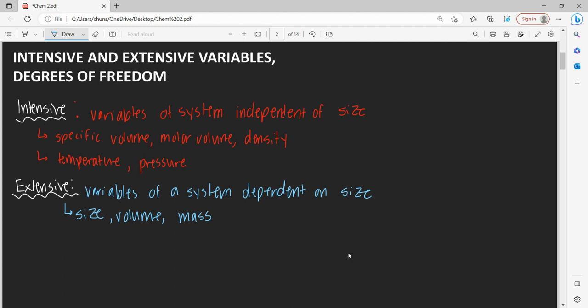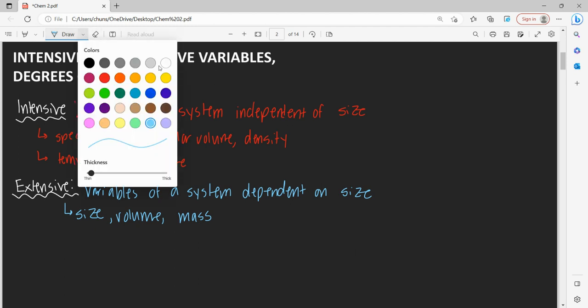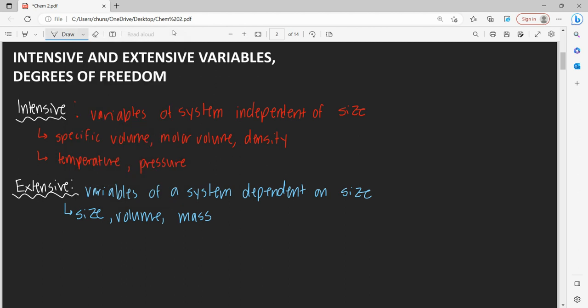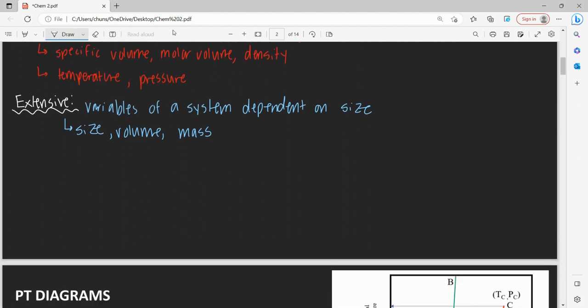So these are things that are dependent on the size of a system. All right, so now let's talk about degrees of freedom. Degrees of freedom is an equation that we use where degrees of freedom is denoted as F. C is our components, plus 2 minus the number of phases in a system.